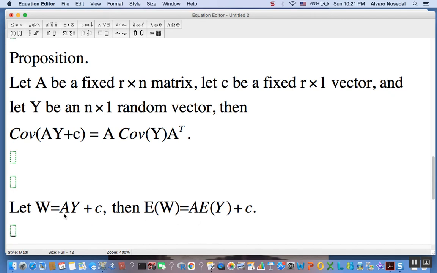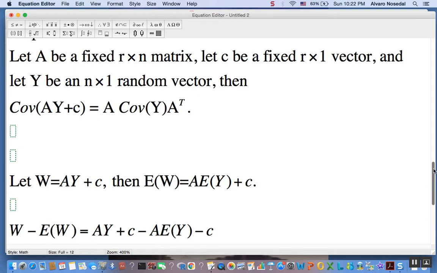First, let me define W as AY plus C. Using what we know from the other video where we showed that beta hat is an unbiased estimator, we know that the expected value of W is going to be the expected value of AY plus C. But then we could factor out that matrix of constants A times the expected value of y, and we know that the expected value of a constant is a constant, so we do that for each of the terms that define that vector C, and we have this, right? Okay, so that you have seen before.